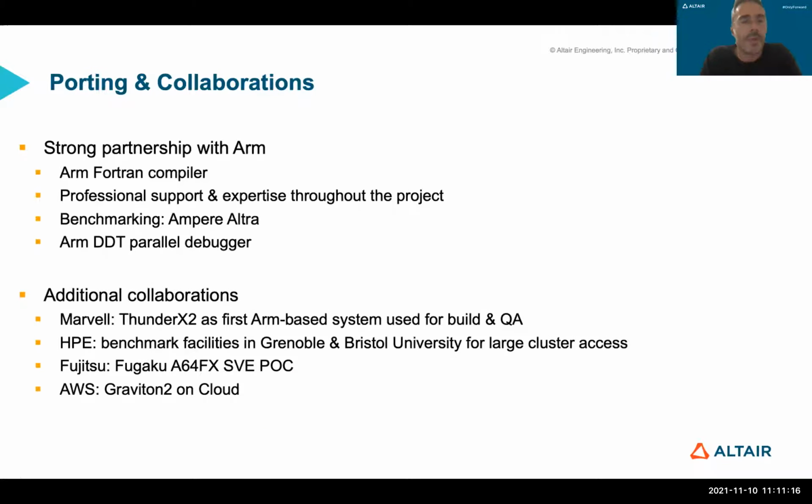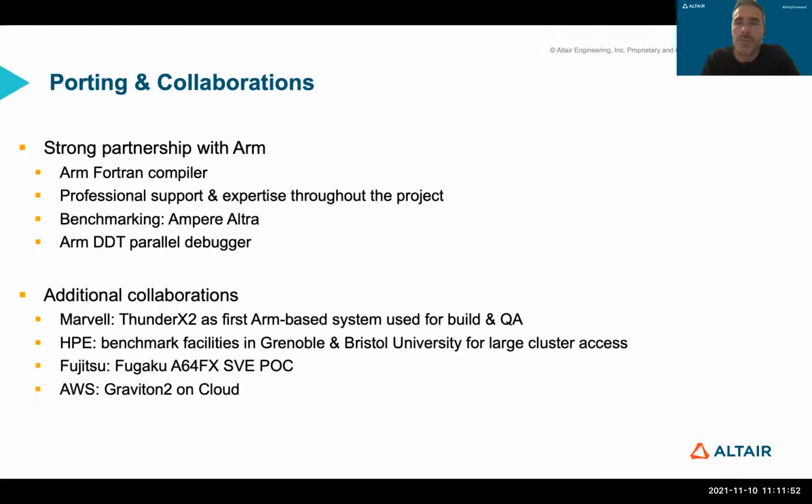For this porting to ARM, we had a strong partnership with ARM. It's very important because Radioss is mainly a Fortran code with several million lines of code, so it's a good example to assess a compiler. But even with the best compiler tool, you always face some issues, so having a reactive team to help us was key in this porting.